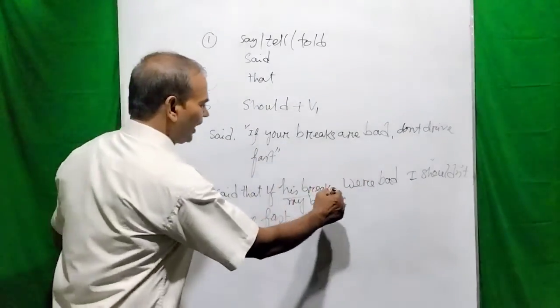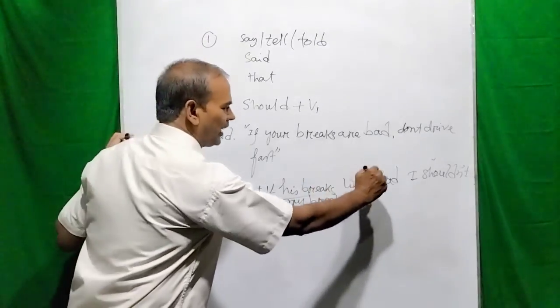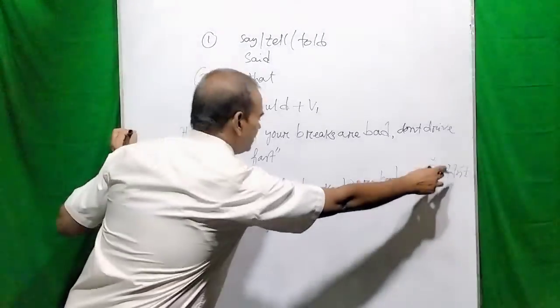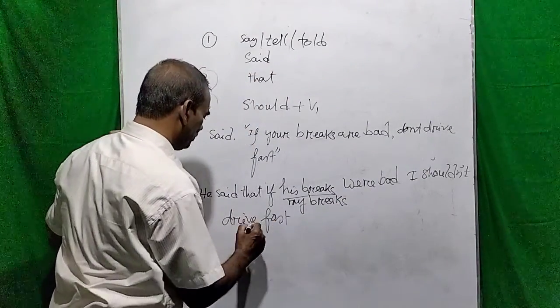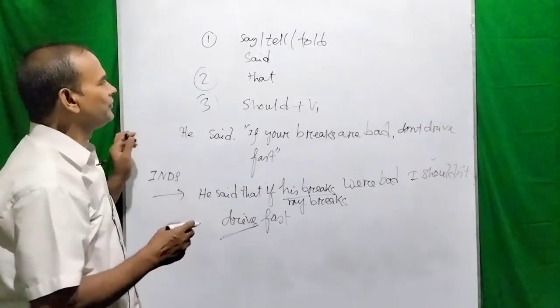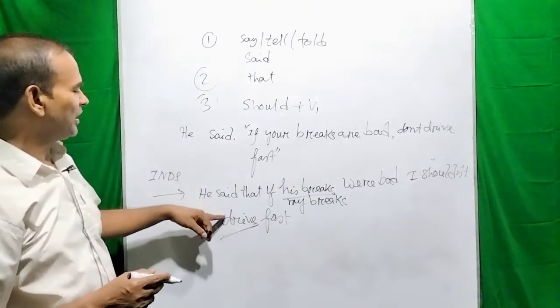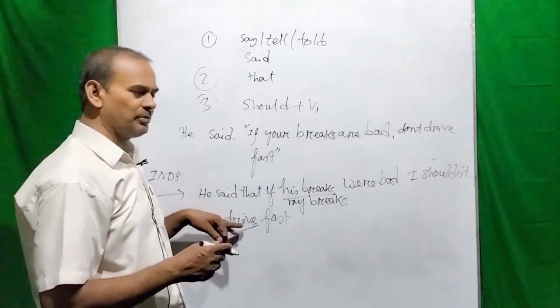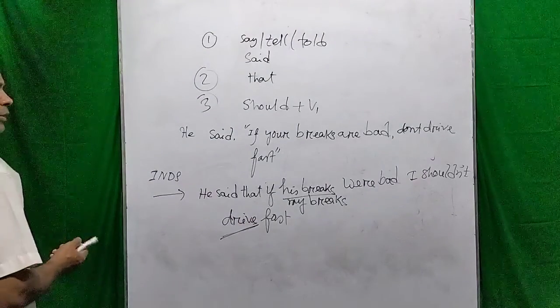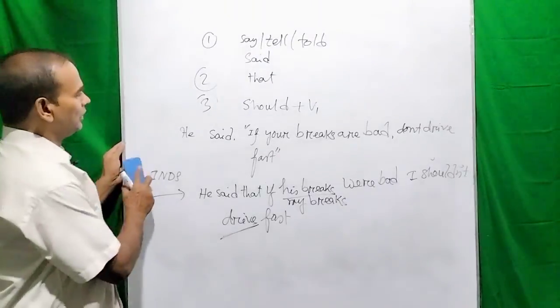As the brakes are bad, so I shouldn't drive fast. Here shouldn't plus v1 or should plus v1 is applicable, it is correct, but not the to plus infinitive construction. Dear viewers, I think you have understood well. Thank you.